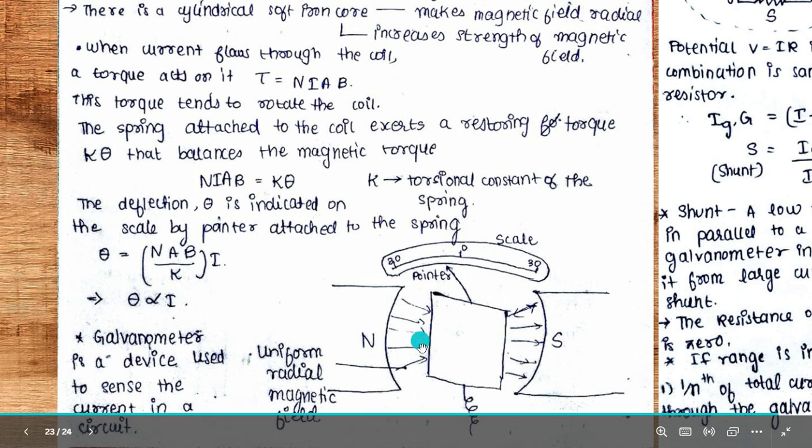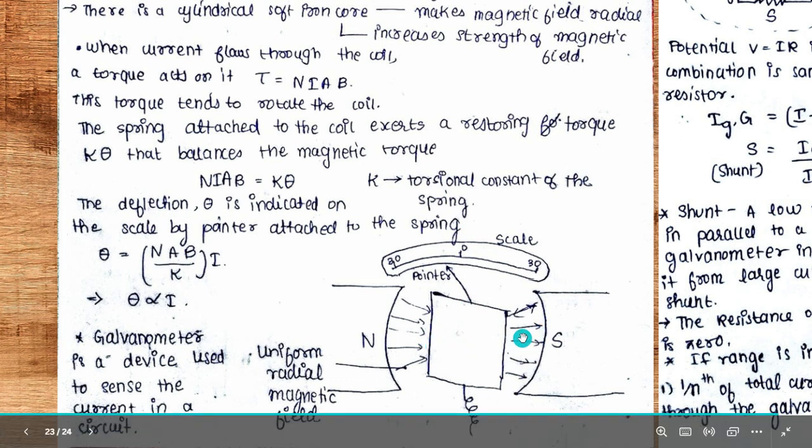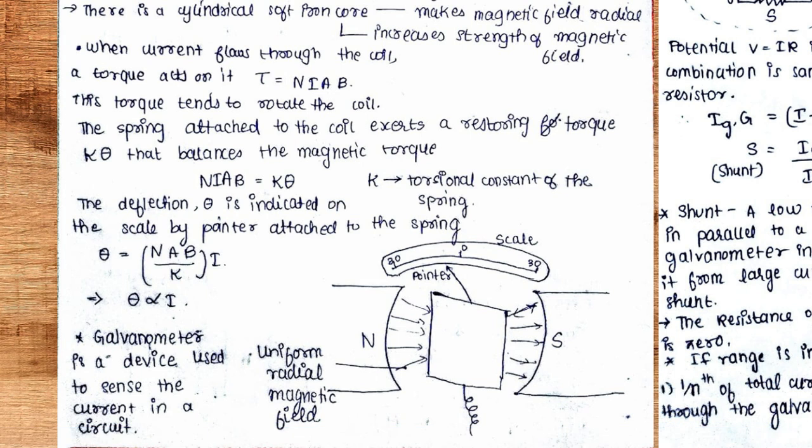A restoring torque is formed because of this spring, right? If I rotate the spring in one direction, it will have a restoring force in the opposite direction, right?